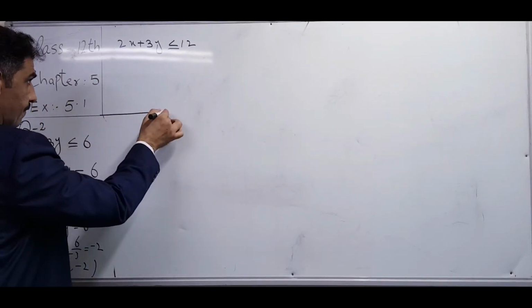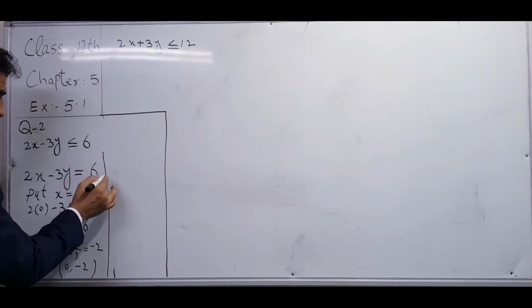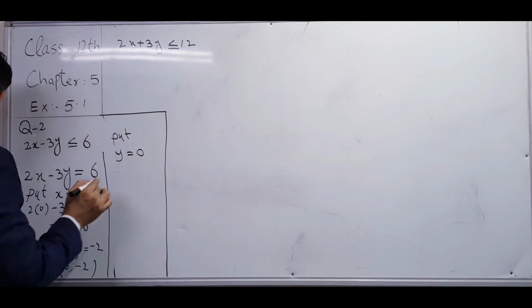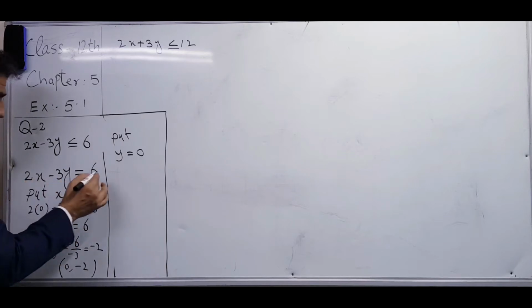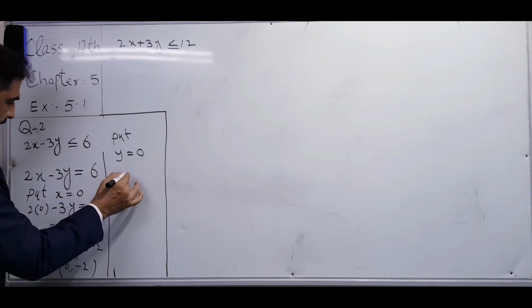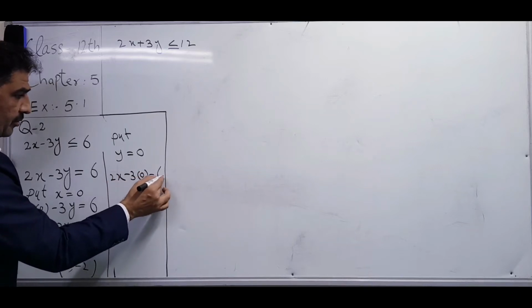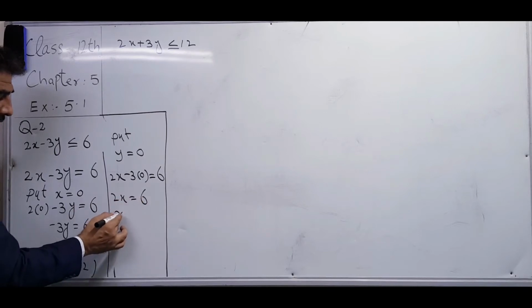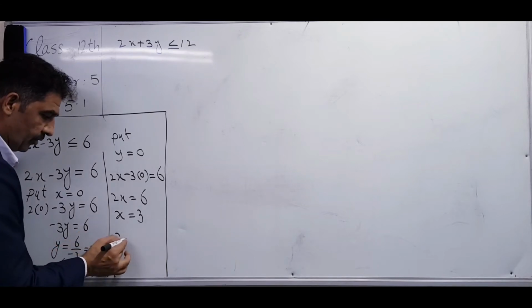Now put y is equal to 0. When we put y is equal to 0, then 2x minus 3 into 0 is equal to 6. So 2x is equal to 6. The value of x is equal to 3. So what is the ordered pair? 3, 0. Good.